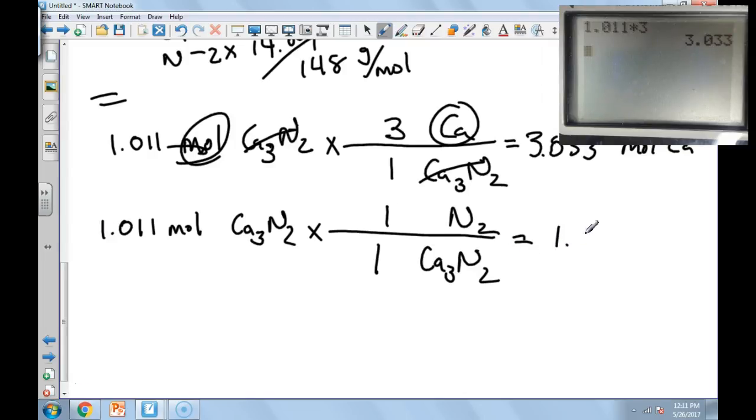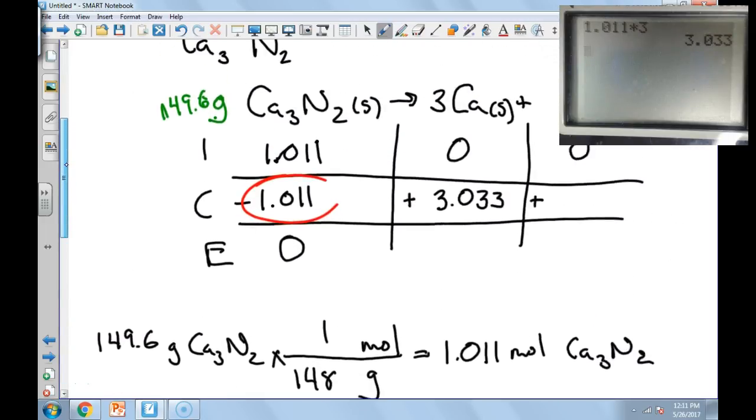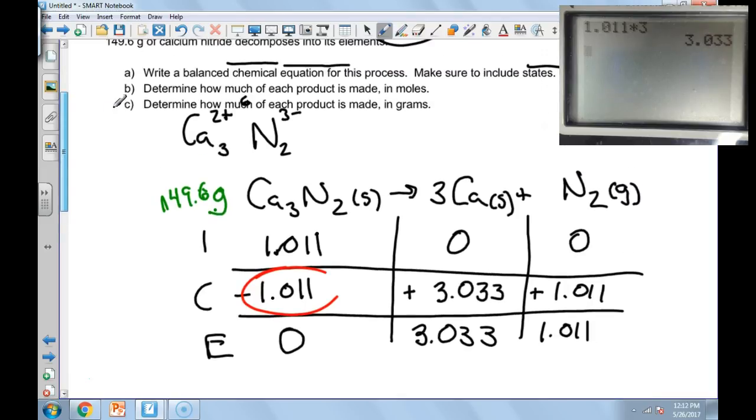And so this is going to be 1.011 moles of N2, because Ca3N2 cancels, leaving just moles of N2. So again, we're going to put this up here. So this is going to be 1.011. And so now, at the end, we have 3.033 and then 1.011, and that is our answer to part B.